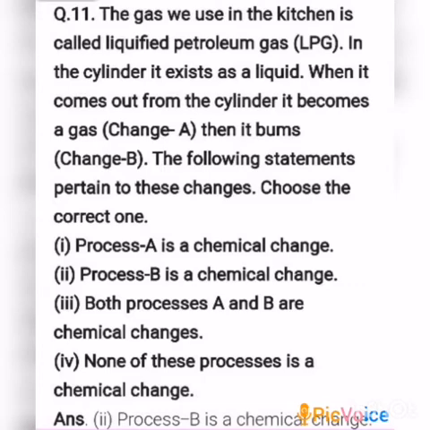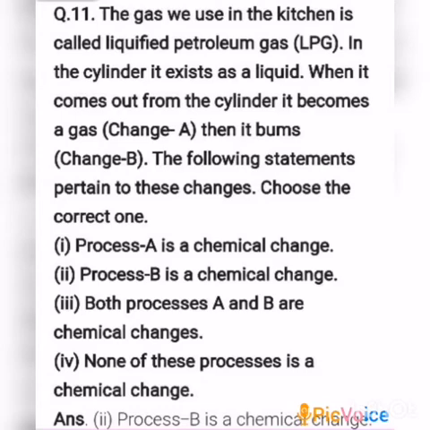Look at the options, children. Process A is a chemical change. What is process A? Process A is a change of liquid into gas. Then process B is a chemical change. What is process B? Burning of gas.